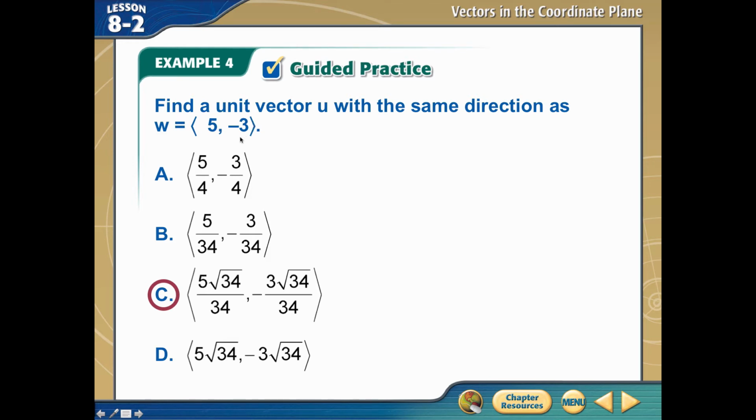So the square root of 34 is the magnitude, so it's 1 over the square root of 34 times this vector. And what you'll find when you do enough of these is whatever the magnitude is, you get square root of 34 divided by 34, square root of 34 divided by 34. Now, there are ways, if you simplify it or something like that, but as a general rule, that works out and is kind of straightforward.